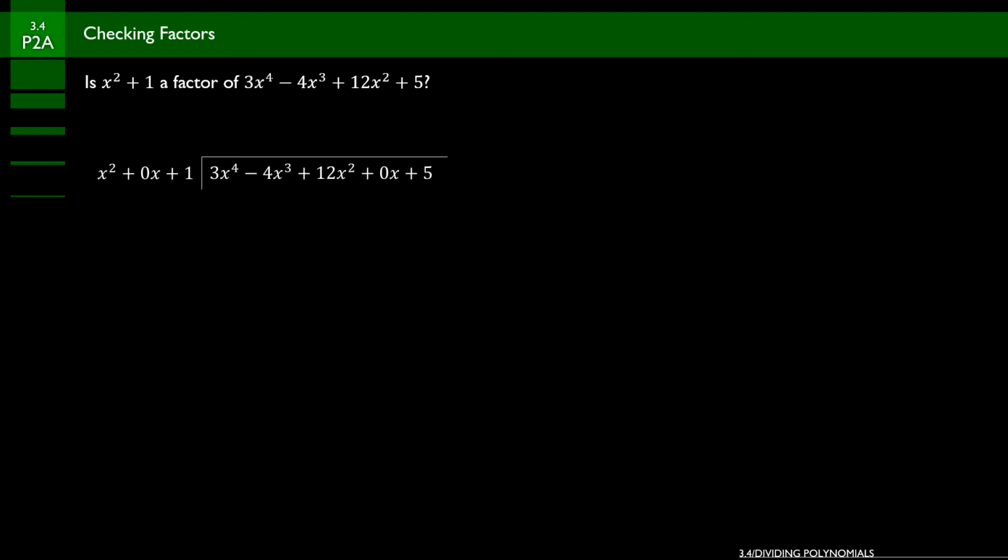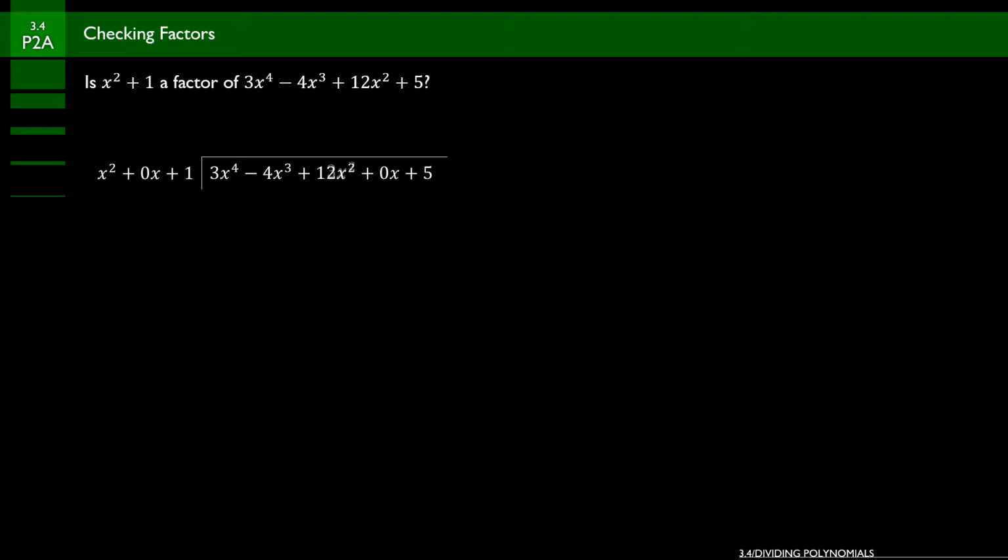So now that we're set up and we're ready to go, we're again going to do the same process that we did on the last one. We're going to look at that first term inside the dividend, which is 3x to the fourth, and we're going to ask ourselves, how do we make x squared into 3x to the fourth? The way that we do that is to multiply x squared by 3x squared.